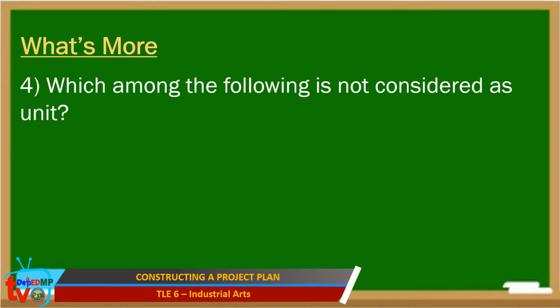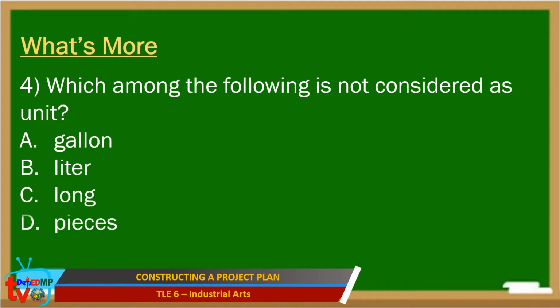Number 4. Which among the following is not considered as unit? A. Gallon. B. Liter. C. Long. D. Pieces.